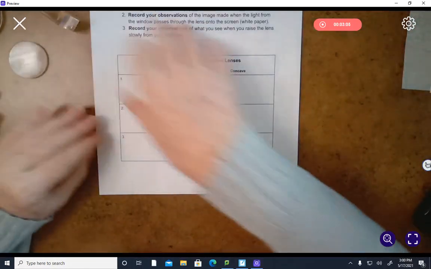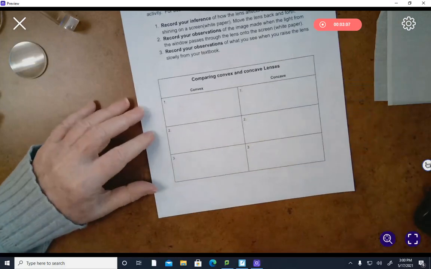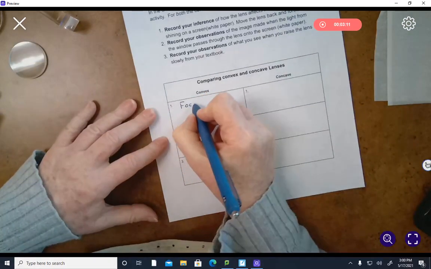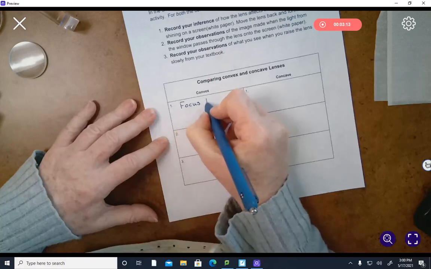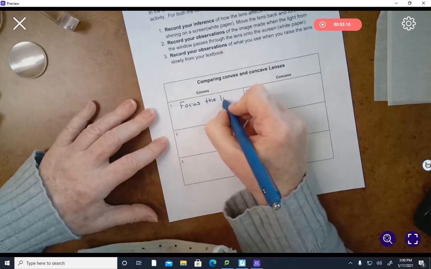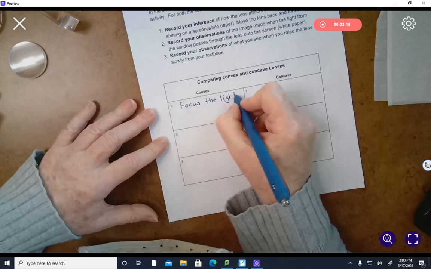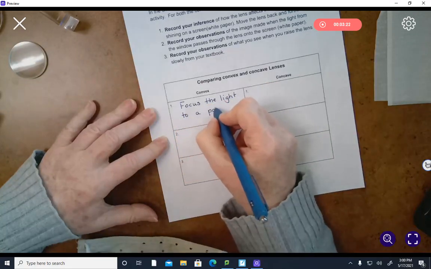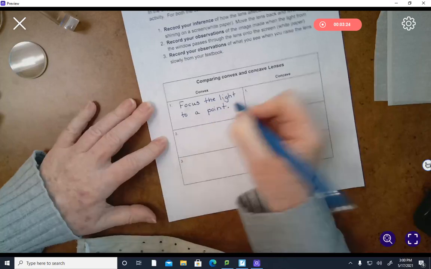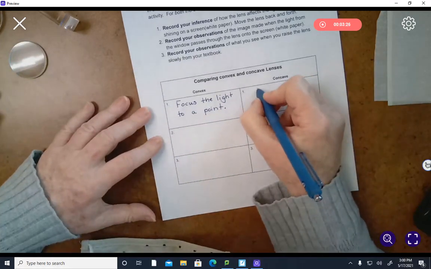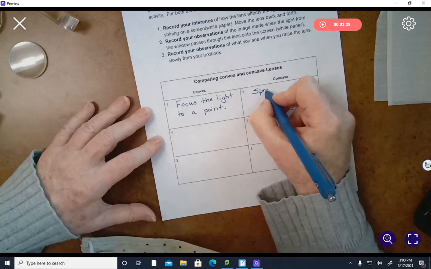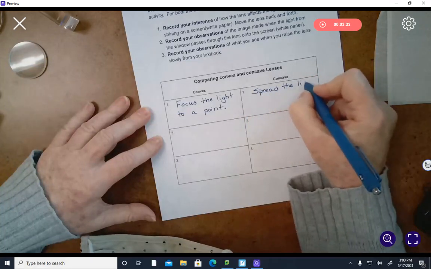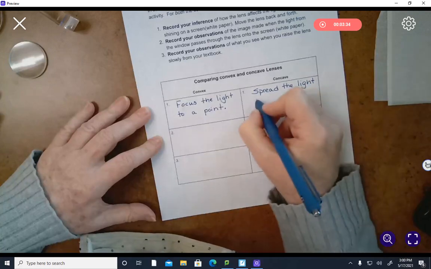So I'm going to go ahead and write that down: a convex lens seemed to focus the light to a point, and the concave lens spread the light out.